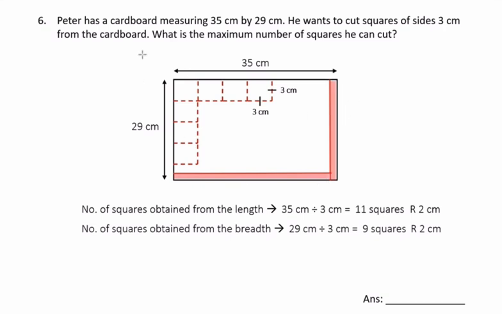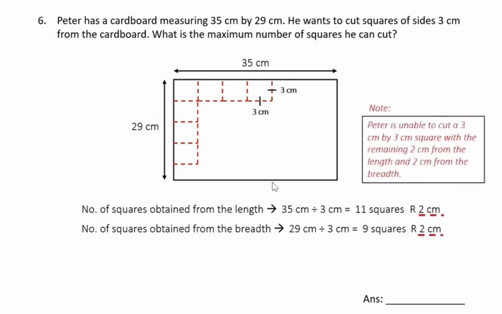Okay, cannot use anymore. So that means the question is asking me, how many squares can he cut out? The maximum number of squares. So from left to right across, you can cut out 11 squares. From top to bottom, you can cut out 9 squares. So how many squares in total? Remember, the remainder 2 cm, you cannot use anymore because you are not able to cut out a 3 by 3 cm square.